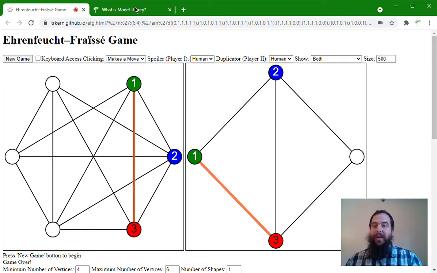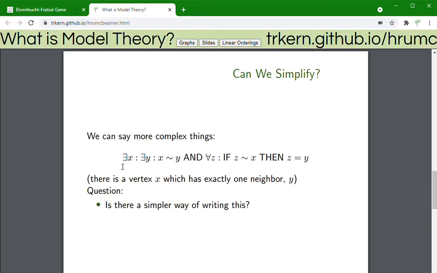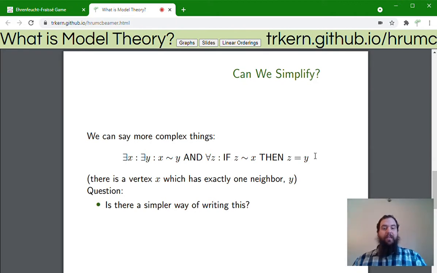And if we notice, this is the formula expressing that difference. This is the formula that we had that expressed that there was a vertex of degree 1. And this formula has 3 variables in it. That's not a coincidence. Those are the same number 3. And if we look in even more detail, we see that there are 2 existential quantifiers and 1 universal quantifier.